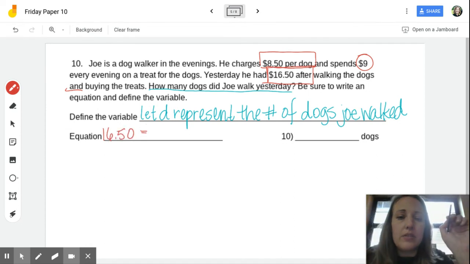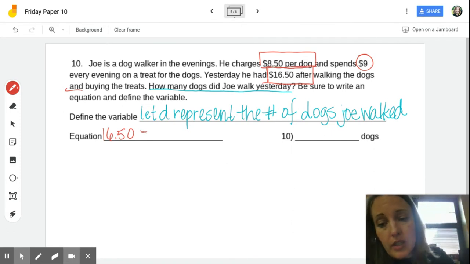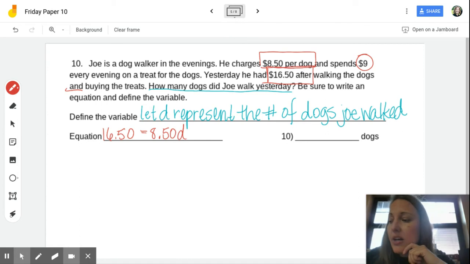But that was equal to how he walked some dogs, D, and he charged $8.50 per dog, right? Now he also bought the treats. So he spent, so that's subtracting, he spent $9. So the $8.50 per dog is what came in. That's his profit. And then spending the $9 is part of his cost of his business.